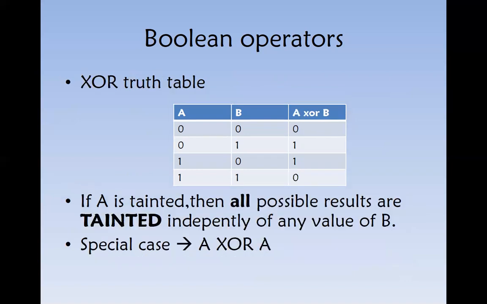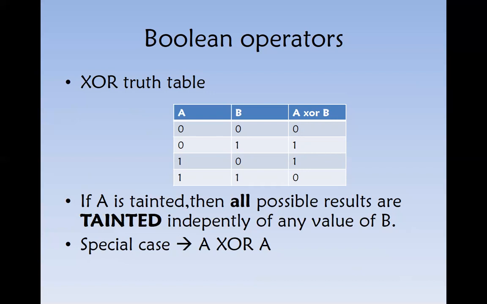Just like that over here, if you've got XOR, if A is tainted, then all possible results are tainted independently of the value of B, except in the special case of A XOR A, of course, where the output is always going to be untainted because the value is always going to be 0. So even if A is tainted, it does not matter, because the output is always going to be this constant value 0, and it's not something that the attacker can control, right?